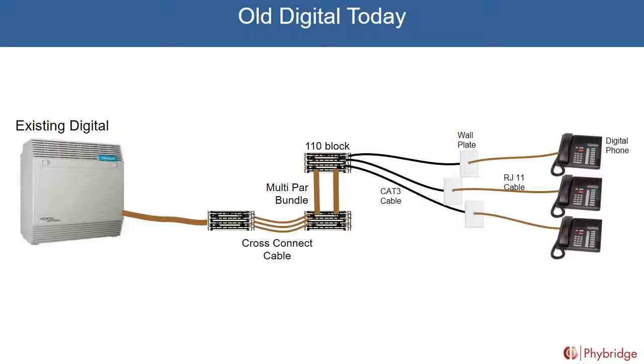There's an existing digital PBX we have in the example here. Inside the cabinet, there are digital or analog line cards that are terminated on what's called an RJ21 or Amphenol connector, punched down onto the cross-connect cables, the 110 blocks as we see in the picture, coming out of the wall. Out of there into a wall plate. An RJ11 cable is then plugged into the digital phone.